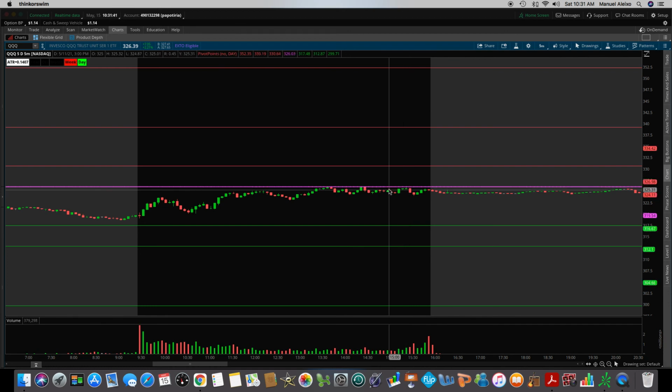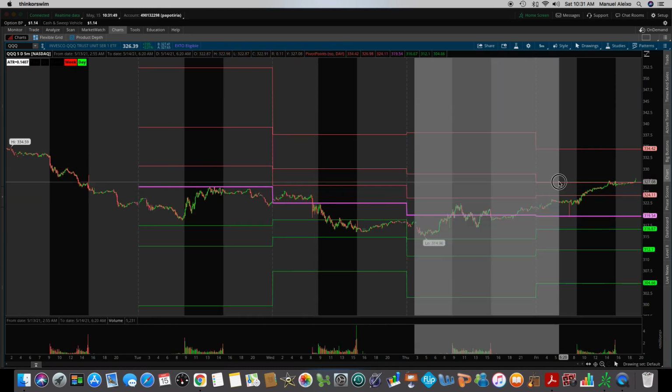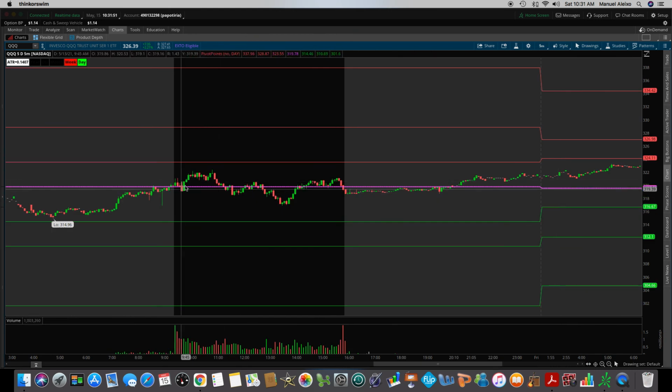Why? Because that main pivot line is right now acting as a major area of resistance. Here's another example. Let's say we were to break that pivot line and march to the upside. Would you want to get into the trade right here? Probably not. Why?